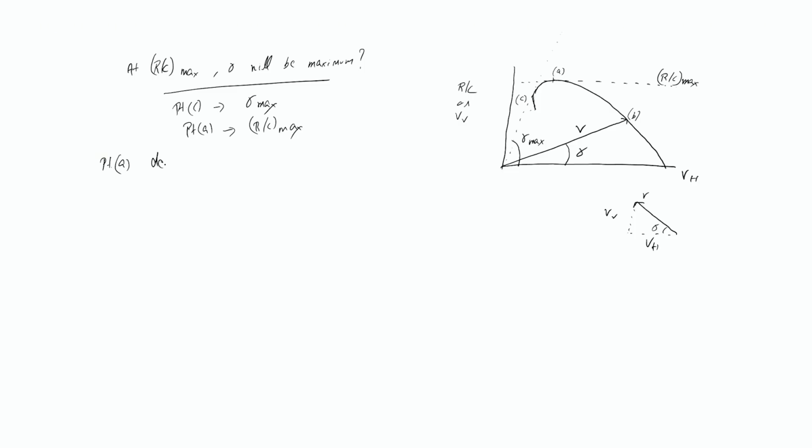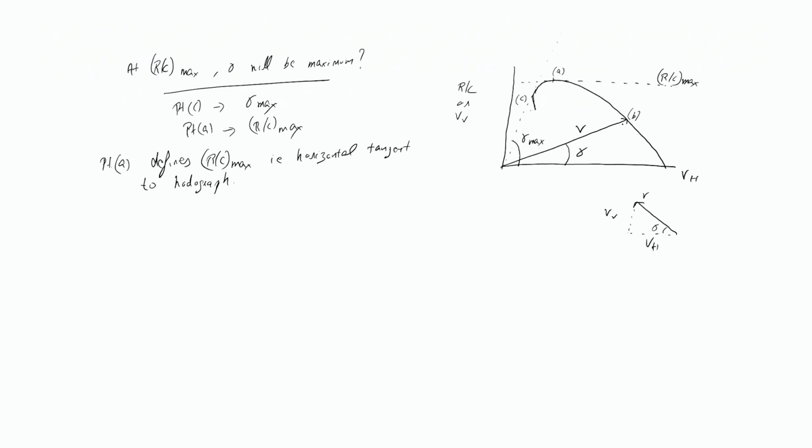So point A defines R by C maximum, that is the horizontal tangent to the hodograph. Now what did we do? We considered a velocity vector from the origin which is intersecting the hodograph at point B, at an angle gamma with respect to the horizontal.